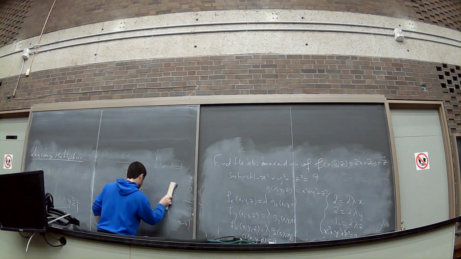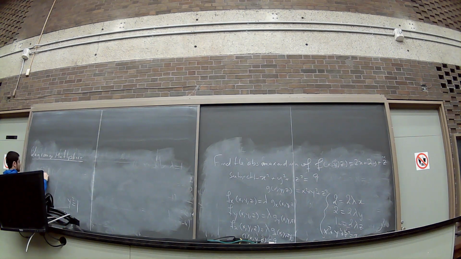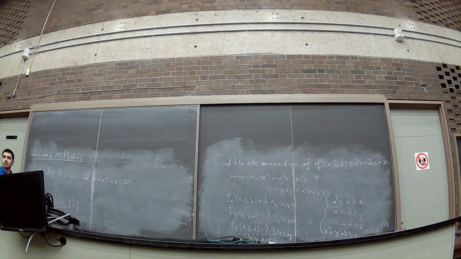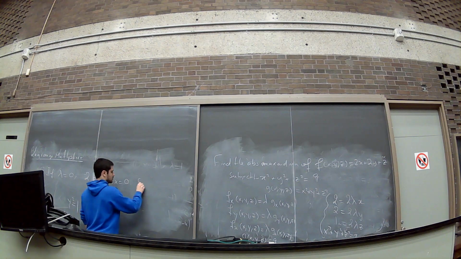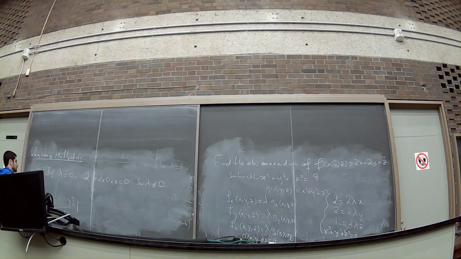I couldn't have done this earlier because I had x on both sides. If lambda is equal to 0, then I have 2 is equal to 2 times 0 times x, which is 0. Can 2 be equal to 0? No. So lambda is different than 0.